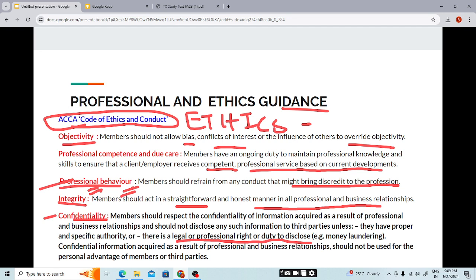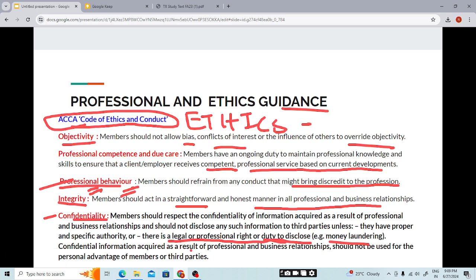The tax practitioner must maintain the confidentiality of the information of his client, but he can breach this confidentiality in cases where there is a legal or professional right or duty to disclose. For example, money laundering: when he is doing something illegal and the court or the authority is asking, then we need to disclose why he is doing this.